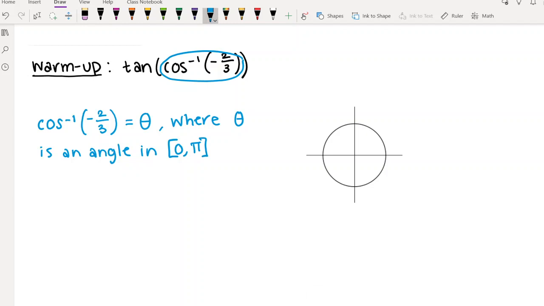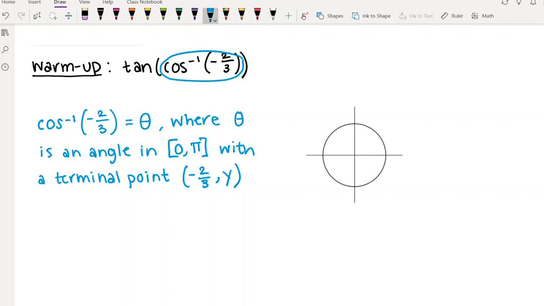So it's an angle in the interval from 0 to pi, basically with a terminal point that has -2/3 as its x-coordinate. We don't really care, or we will care, but right now we're not talking about the y-coordinate. We just know that the x-coordinate is -2/3, because that's what cosine corresponds to.